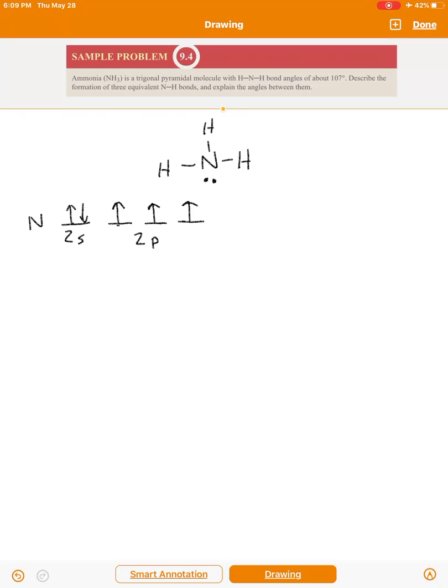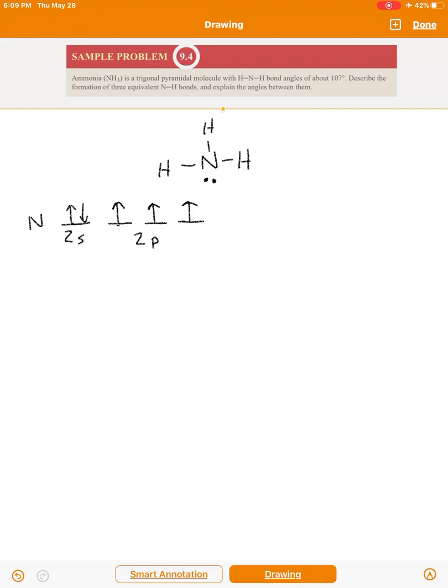The problem with that is that if that happened, each bond would be 90 degrees apart because those would be 2p orbitals, and 2p orbitals are 90 degrees apart. But the angle is 107 degrees. What happens is the more orbitals you mix, the angle will change.